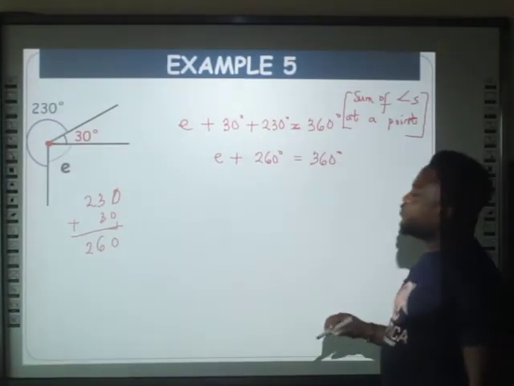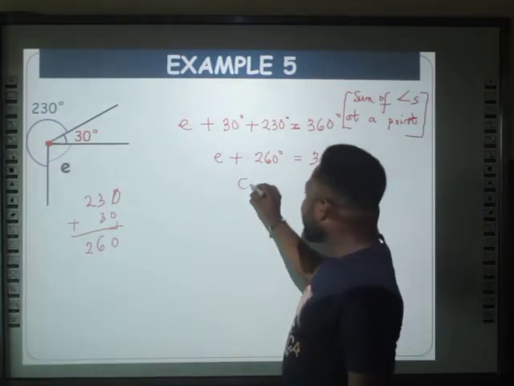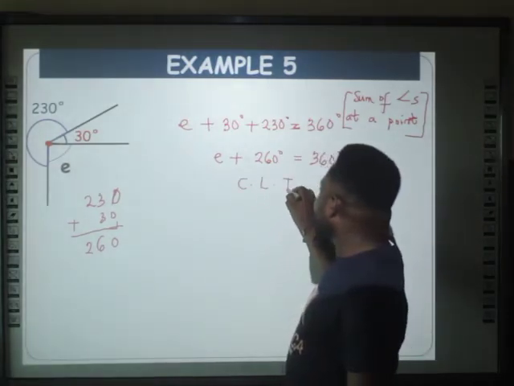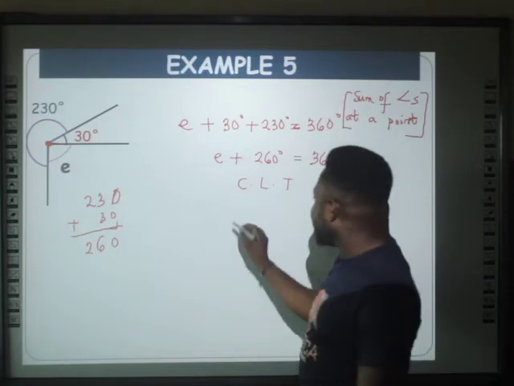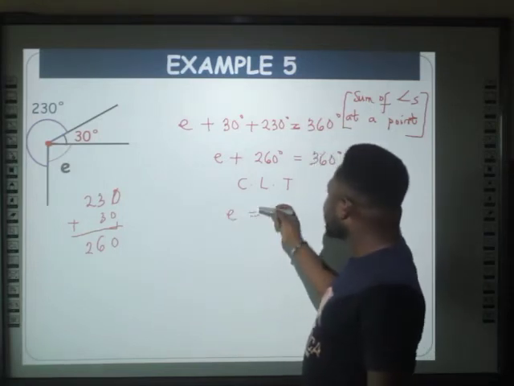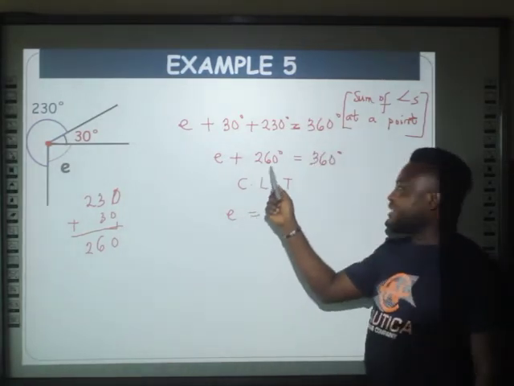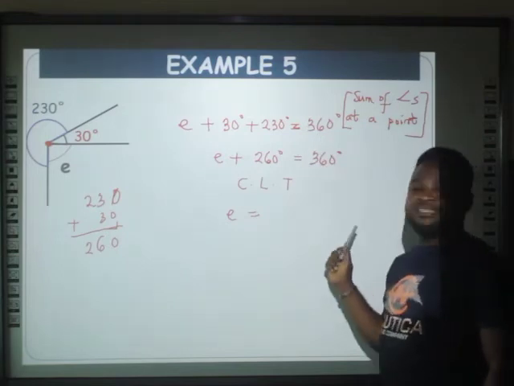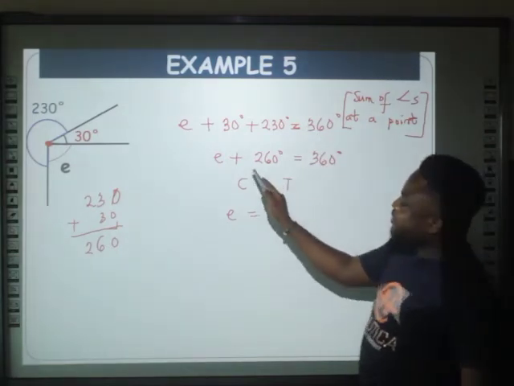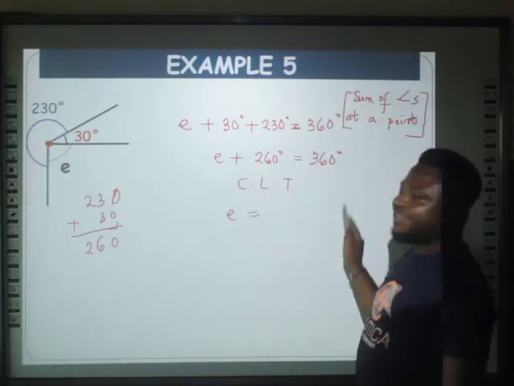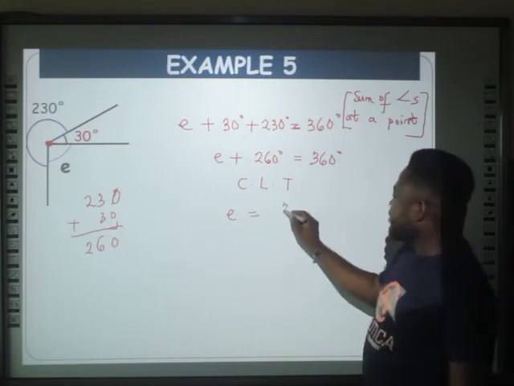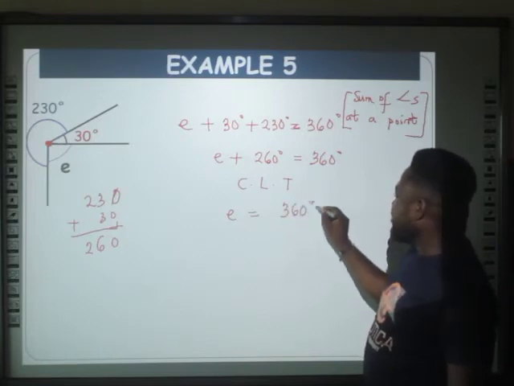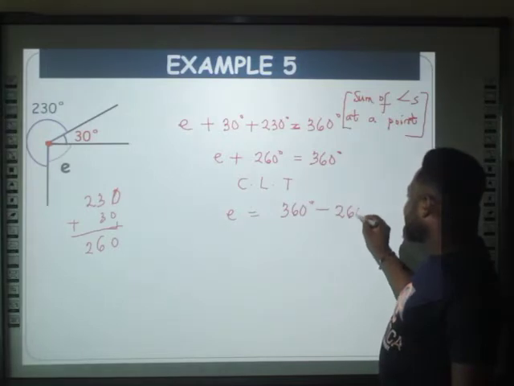After adding these two, everything must be equal to 360. Can you see that? So we can now say collect like terms. By the time you collect like terms, we have E equals to... Now you have to move plus 260 degrees to the right hand side. That means the sign will change from positive to what? Negative. So this will now give us 360 degrees minus 260 degrees.